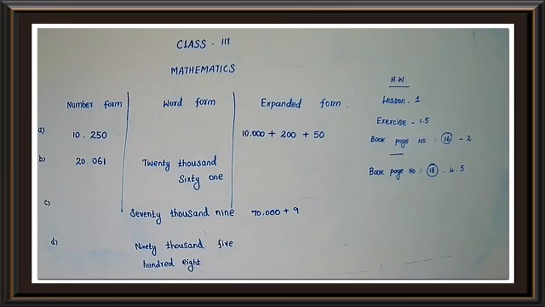Now we want to make one smallest 5-digit number. Okay, Mama? First, which is smallest? 0 is the smallest digit, but we cannot use 0 in the first place; we can use it in the second place.